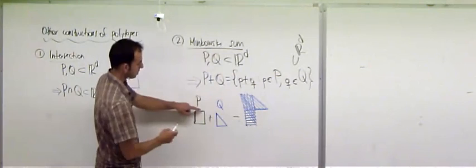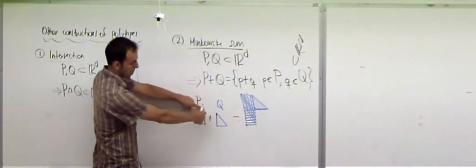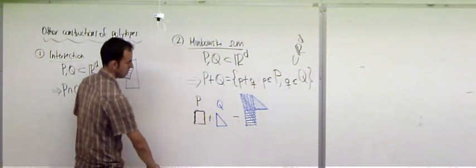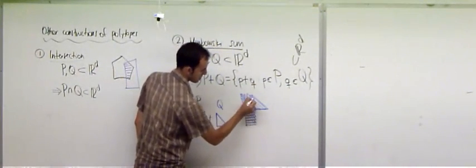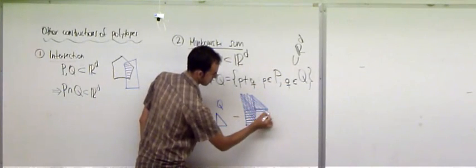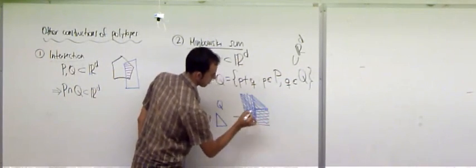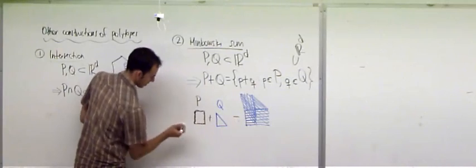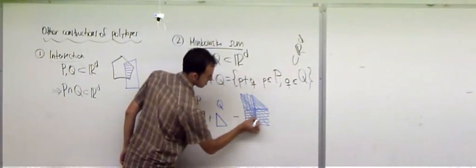And now I'm in this plus Q. Now let's move down in this direction. That's going to bring my triangle down. So I get something like this. And then as I bring the point back in here, I'm going to get a bunch of triangles like this.